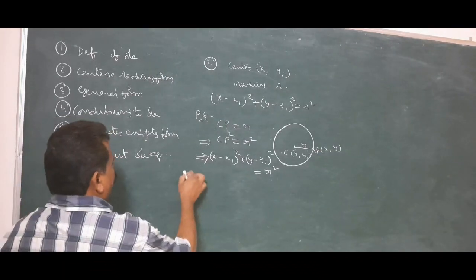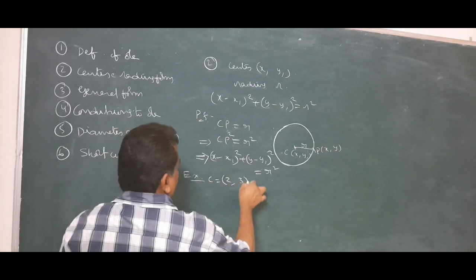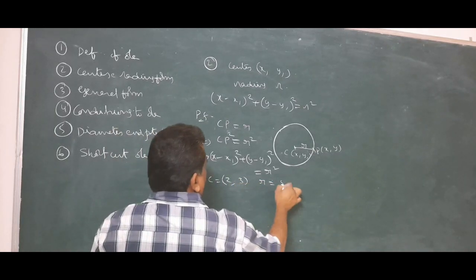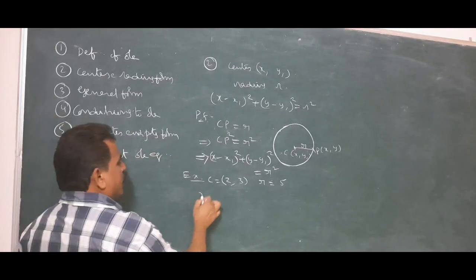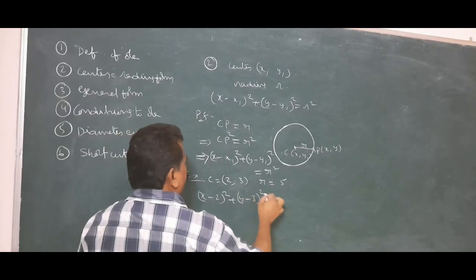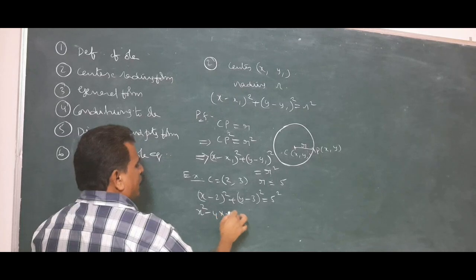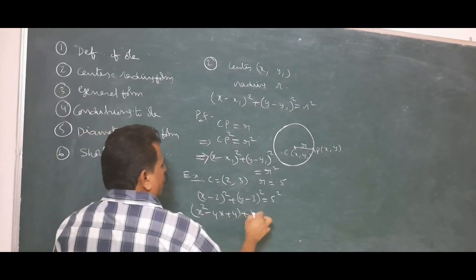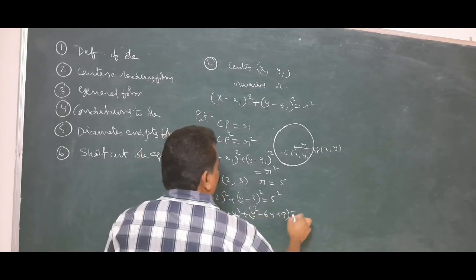Let us go. Example. Center 2, 3. Radius 5. So circle equation is x minus 2 whole square plus y minus 3 whole square equal to 5 square. Expand this, x square minus 4x plus 4 plus y square minus 6y plus 9 equal to 25.